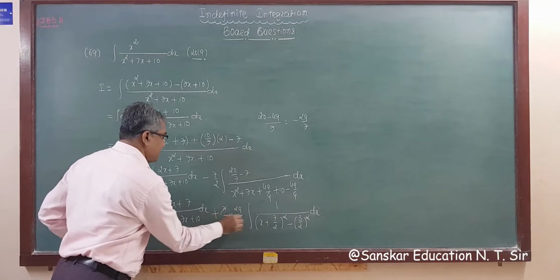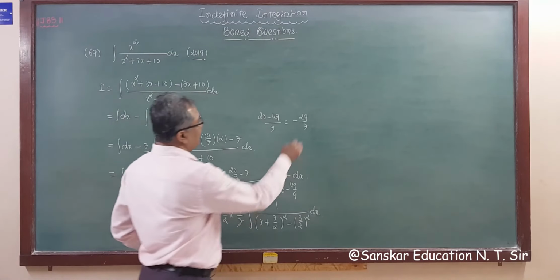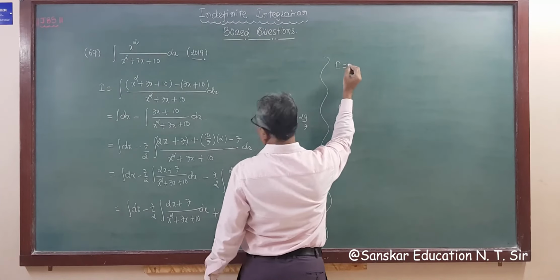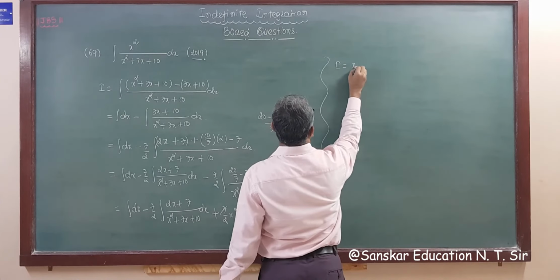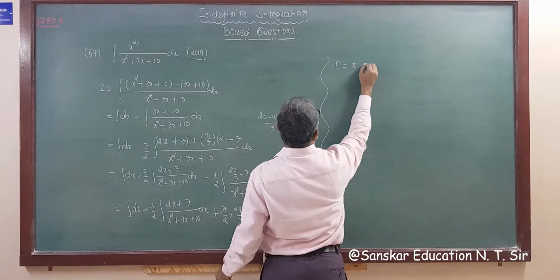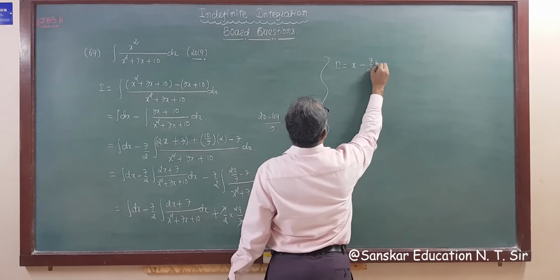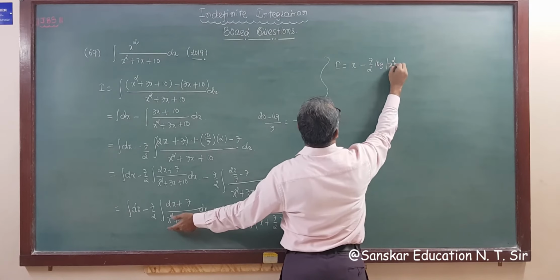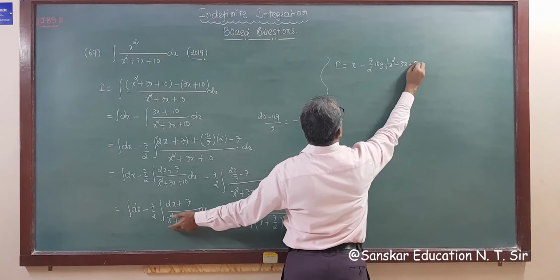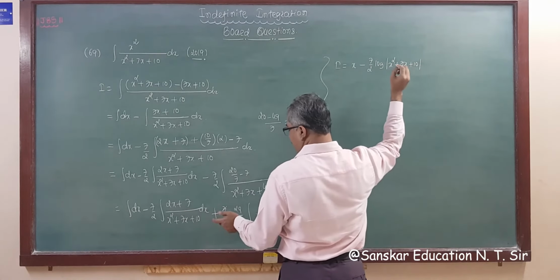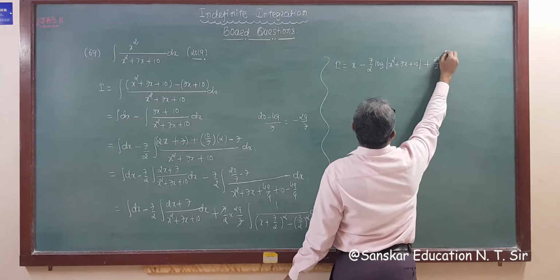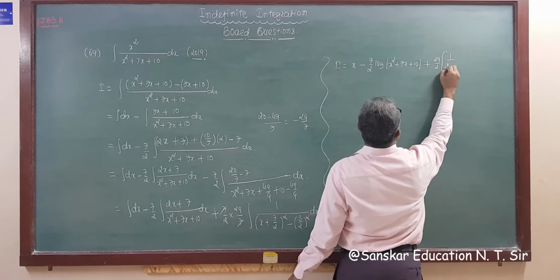So this 7 will be cut. So the answer will be I is equal to x minus 7 by 2 log mod x square plus 7x plus 10 plus 29 by 2 into 1 upon twice a.